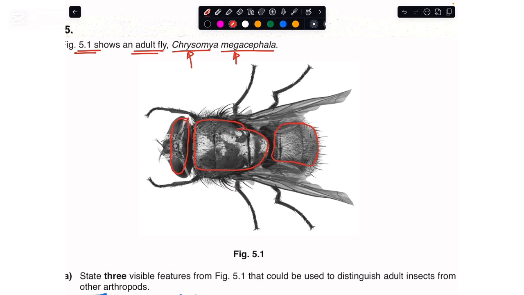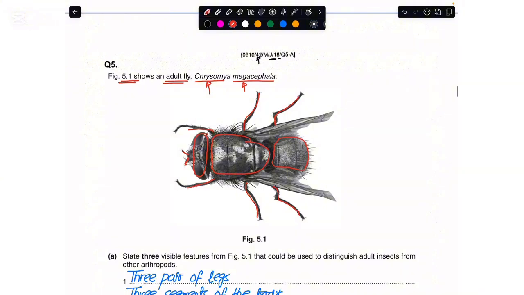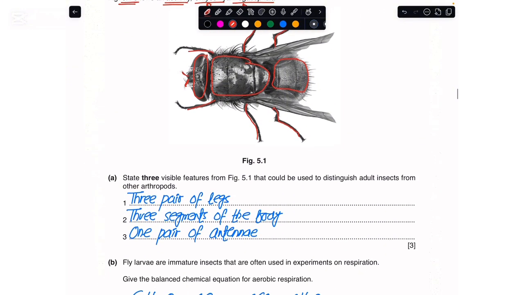So we know that insects have three body parts, three segments of their body, and if we were to count their legs, here you see that we have a total of six legs, or I could say that they have three pairs of legs and one pair of antennae. So these are the characteristic features of insects.